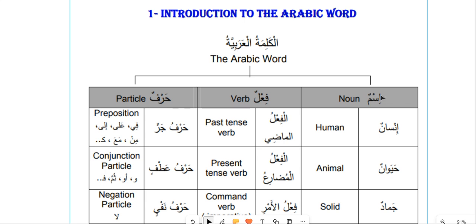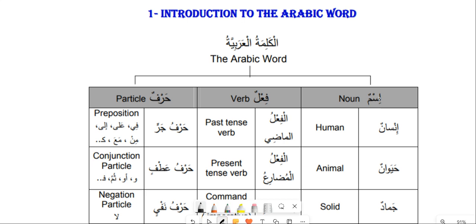The first one is ism, meaning noun, the second is fail, the verbs, and the third is harf. In harf we have the particles, so I will explain one by one.